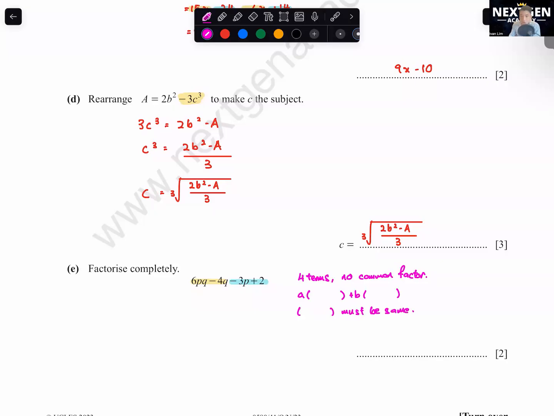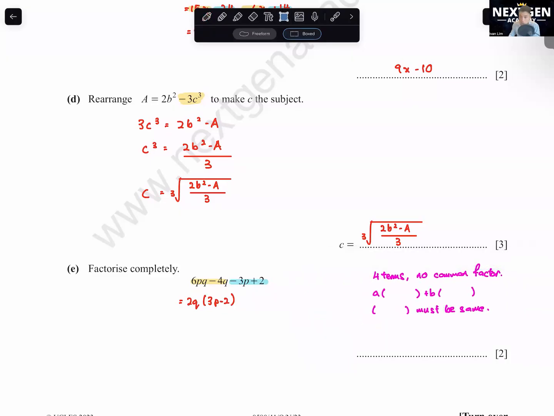So 6PQ minus 4Q. What can we get here? We can factorize out 2Q. Then our bracket will be left with 3P minus 2. Then this one here, how can I make 3P minus 2 appear?